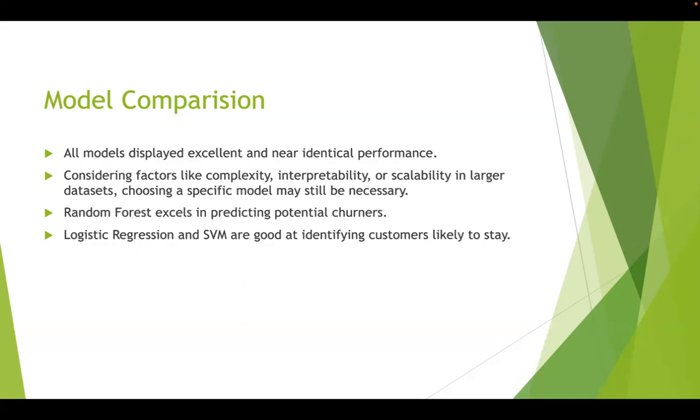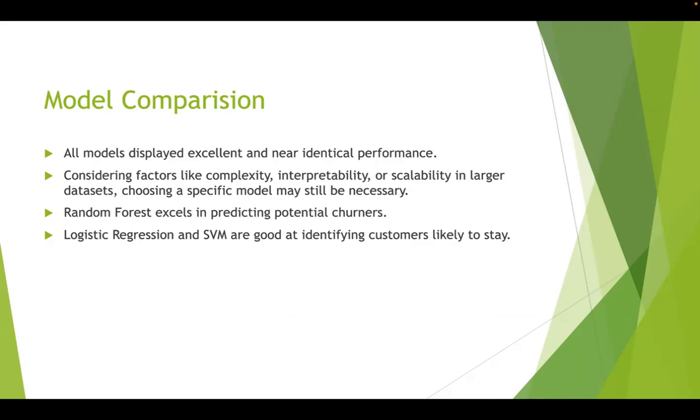All models displayed relatively similar performance from the machine learning model standpoint. And they were all fairly similar in terms of interpretability. There's not much to be seen from the specific features and their contribution to the ultimate prediction.